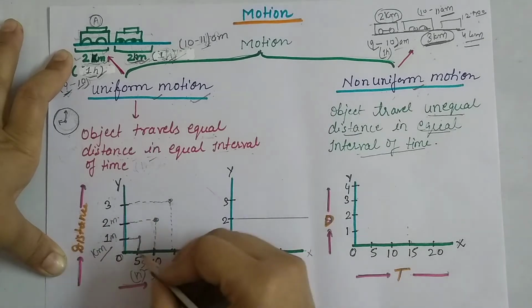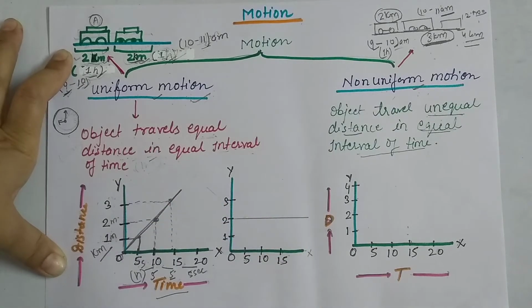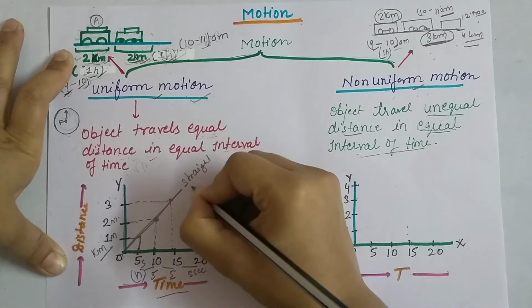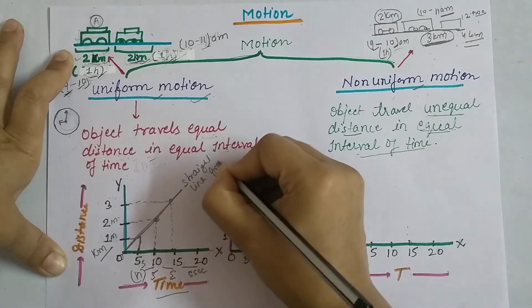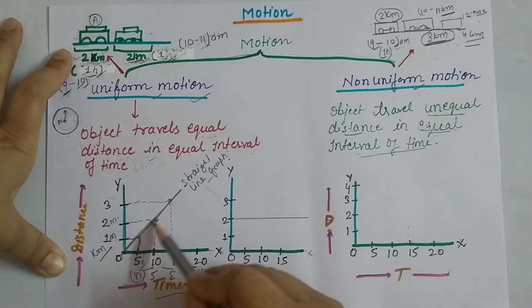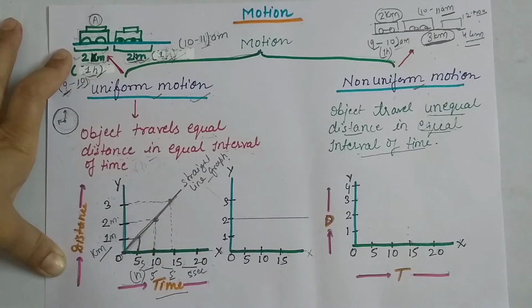So you will find a straight line graph in the uniform motion. When you connect all the 3 points you will get a straight line graph. Means the object travels equal distance in equal interval of time.